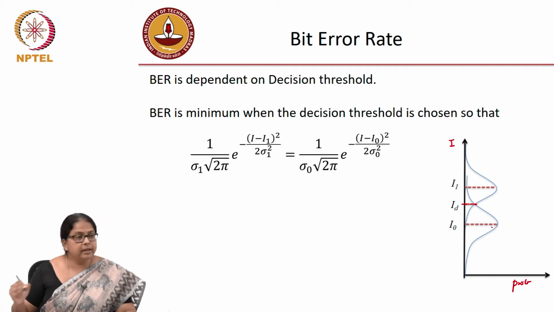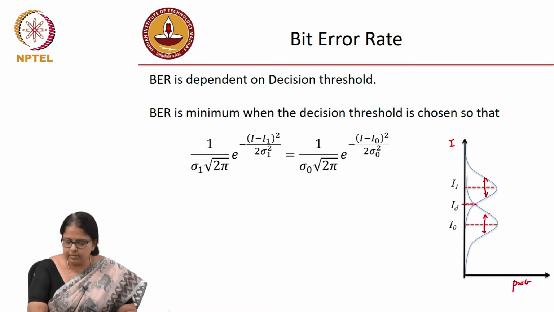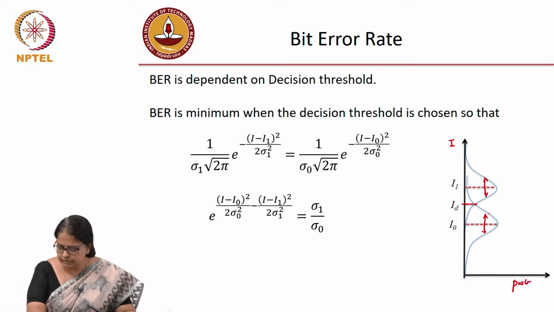That is when you would have minimal bit error rate. We are also assuming that the noise in the 1 and the noise in the 0 are identical in this case, so this is all in the thermal noise limited condition.